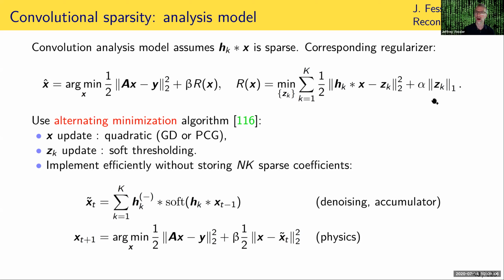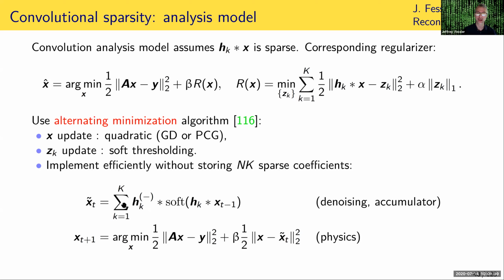If we do those z updates one at a time and accumulate them, we end up with something very similar to what I showed you on a previous slide: we take the current image, filter it, apply soft thresholding, and convolve it with the transpose, or the reversed version, of the filters. In CNNs, people sometimes call this deconvolution, which I think is a horrible term. Well, this is being recorded and I'm saying that. Anyway, adjoint convolution is the right term, and you sum those all up.